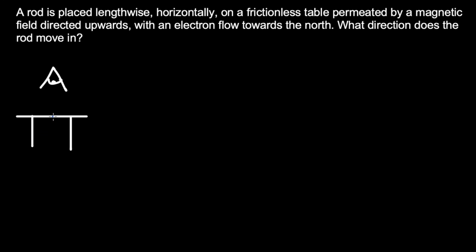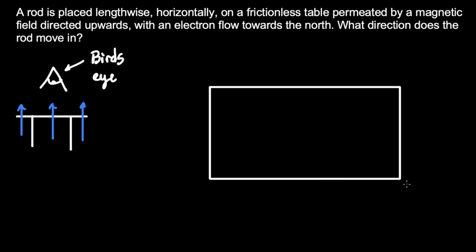And you know that this frictionless table is permeated by a magnetic field exactly upwards. So now I'm going to draw my bird's eye view, which is this view. So first, I'll draw a table. Let's say this is my table.